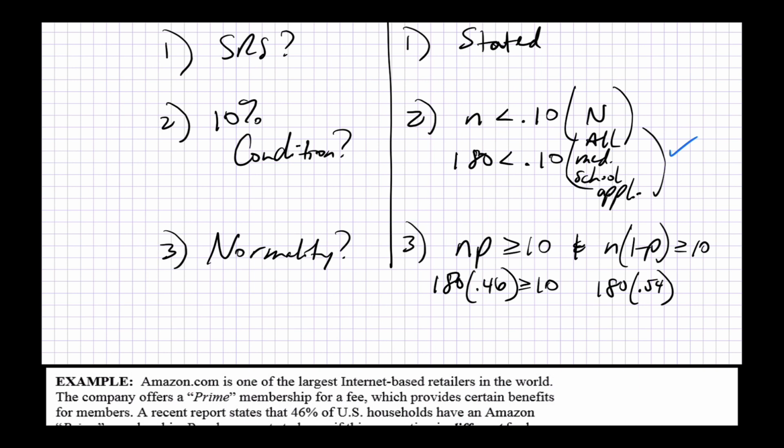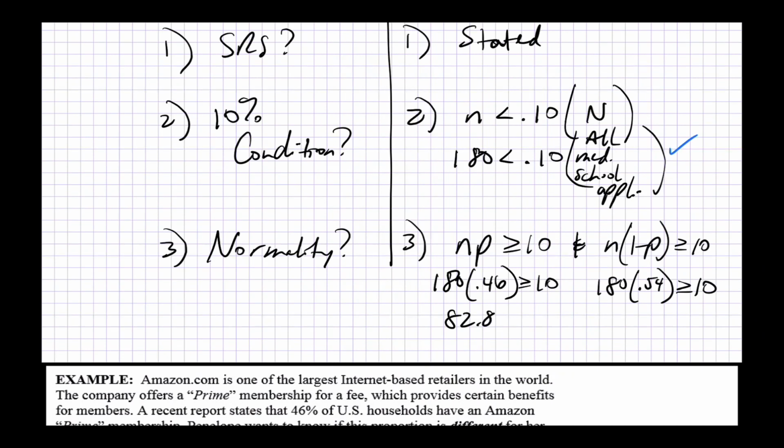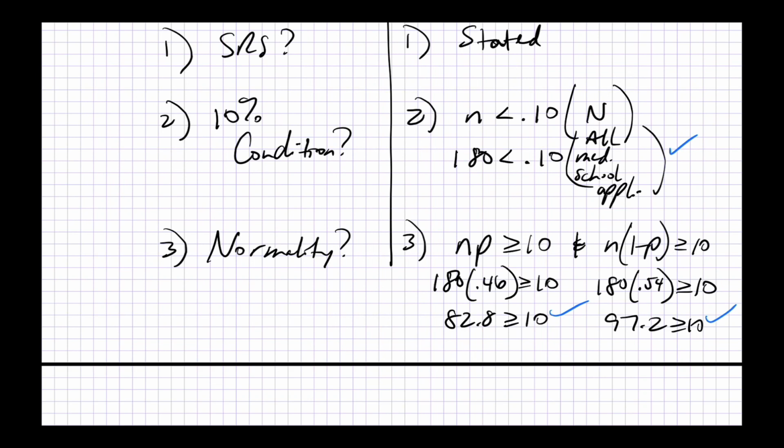So 180 times 0.46 is going to be 80 something. Thank you, 82.8. And then this one over here is going to be 97.2. Perfect. Okay. All right, last two steps. Calculations and conclusion.